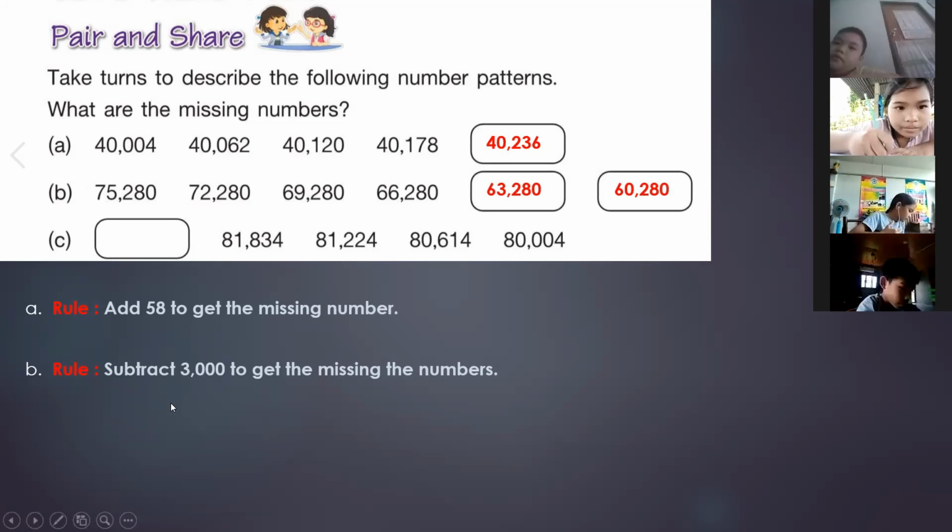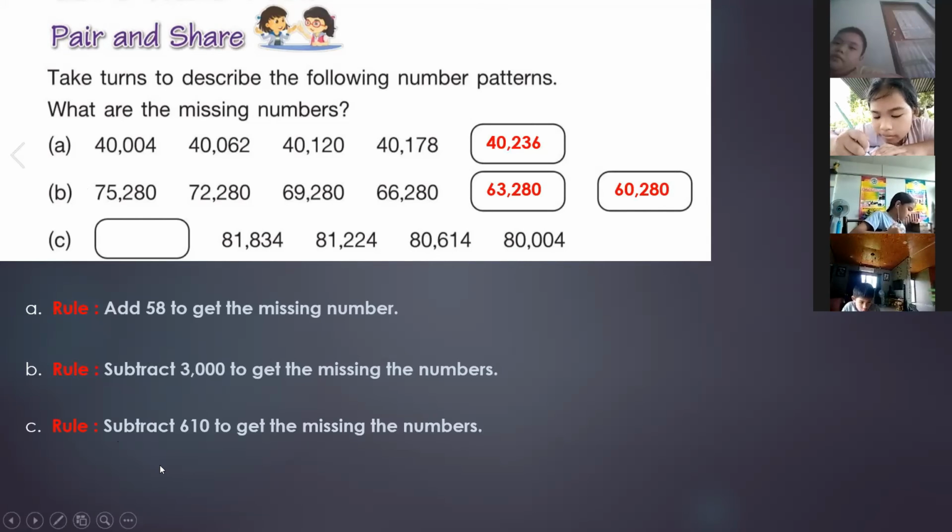Okay, so for letter C, we have the rule: subtract 610 to get the missing number. So we're going to subtract 610 from this number pattern.